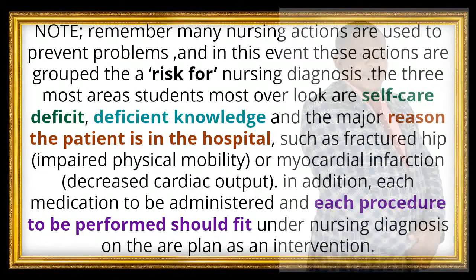With what we have just discussed so far, it's important to remember that many nursing actions are used to prevent problems, and in this event, these actions are grouped as the risk for nursing diagnosis. The three areas that students most overlook are self-care deficit and deficient knowledge, and the major reason is that the patient is in the hospital, such as a patient having a fractured hip, who is going to have impaired physical mobility, or a patient with myocardial infarction, who may have decreased cardiac output.